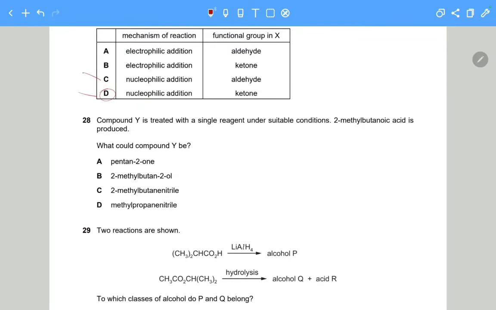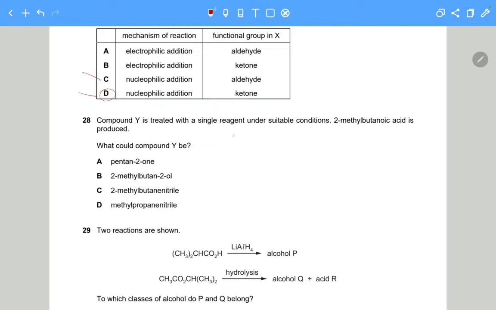Question 28. Compound Y is treated with a single reagent under suitable conditions. 2-methylbutanoic acid is produced. What could compound Y be? Okay, so we need to produce 2-methylbutanoic acid. Let's see what all we have.